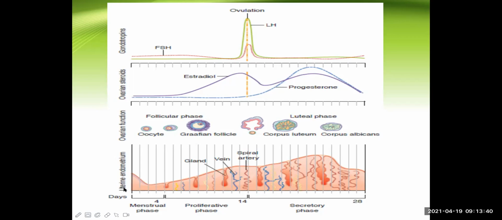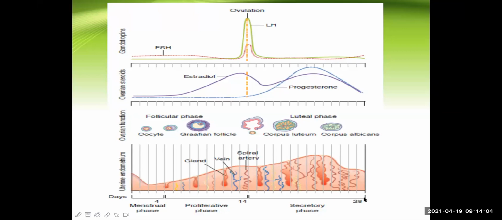And this is the uterine endometrium, and what is happening there. This is the proliferative phase, done by the action of estrogen. This is the secretory phase, done by the action of progesterone. And exactly here, ovulation occurs. The first 4 days are called the menstrual phase, where menstruation occurs.